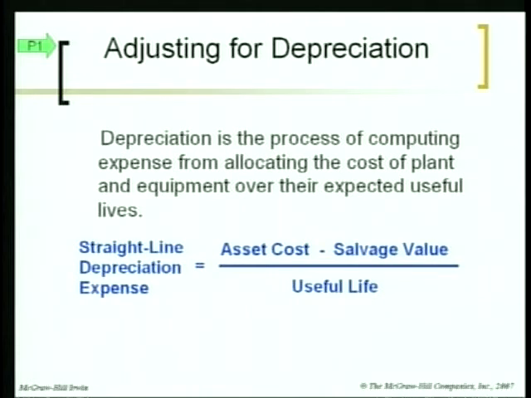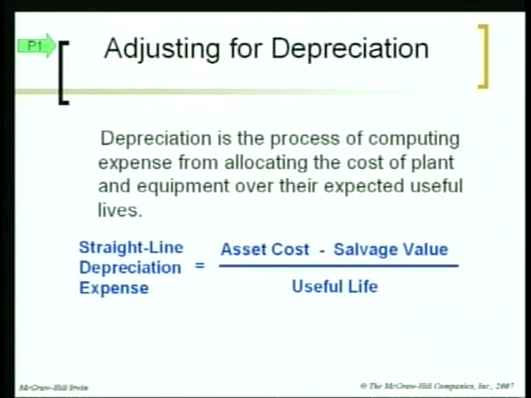So depreciation is kind of just a similar situation as supplies and prepaid insurance, the first category, except it's in regards to fixed assets or property, plant, and equipment. Now, how do we compute how much to depreciate each period? Well, that formula is on your screen.